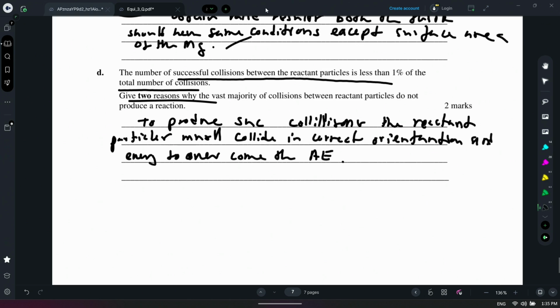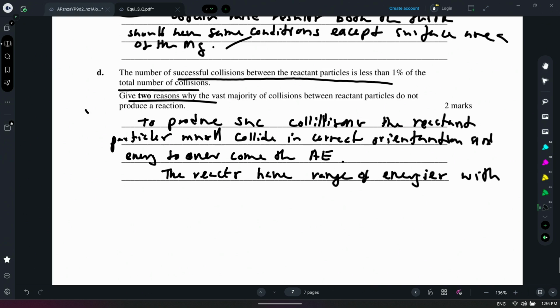Then the other mark is for the reactants having a range of energies. You don't have to say enormous, just range of energies. Now we have to refer to that.